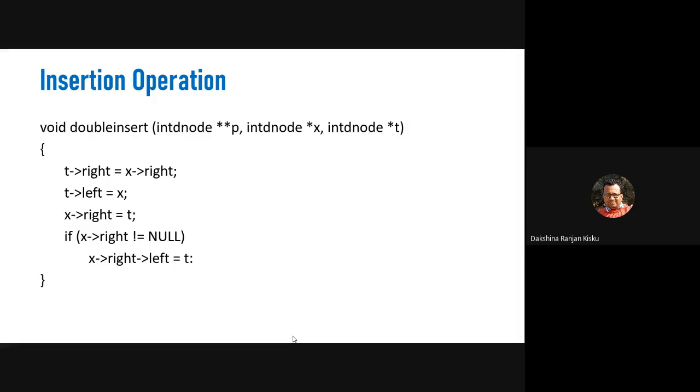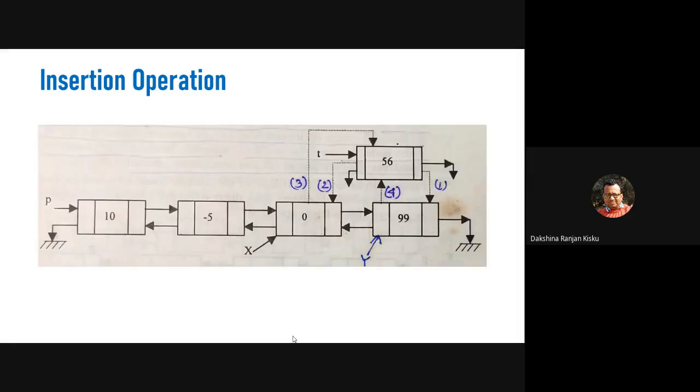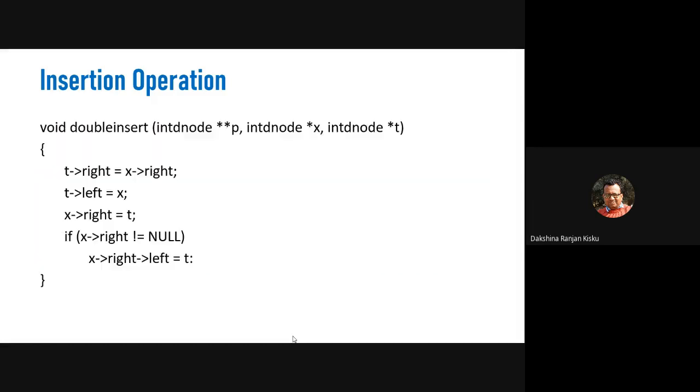Now we are writing t right equals to x right. As I said, first the right pointer of the new node will be updated. That is why we are writing t right equals to x right. Then we are writing t left equals to x.